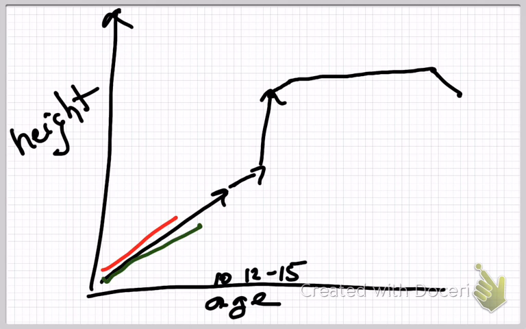Okay, so what do you think? Compared to our normal graph, which is the black line, if the green one is the one that hits puberty early, and I'm not trying to indicate that they're shorter initially. They may or may not be. They may be right smack on top of the black. But when do they hit puberty? 10. Okay, 10 it is. So they get a growth spurt.